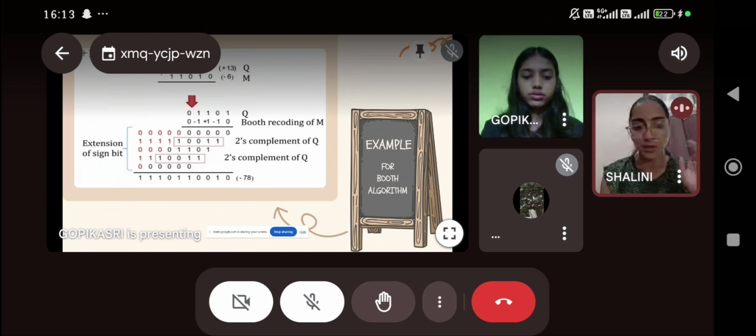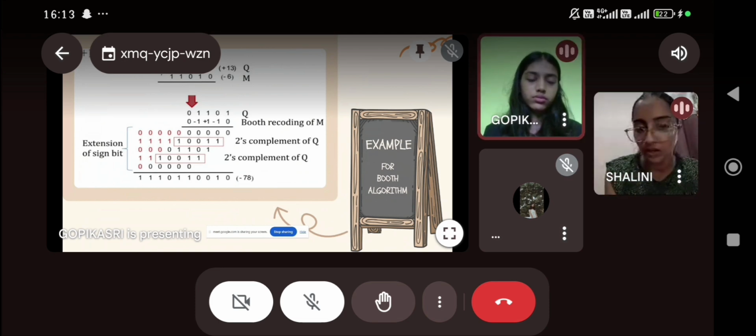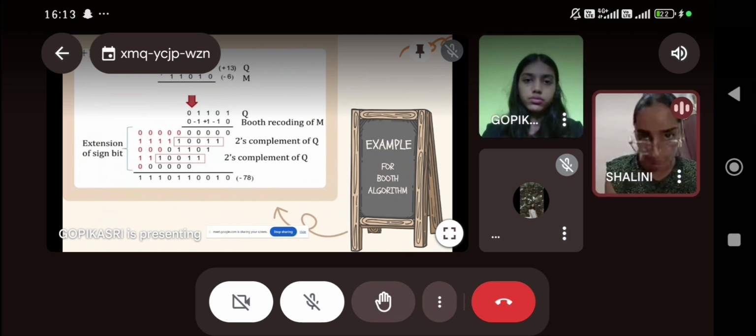And then at last we are again having 0 into q. So all the resultant values will be 0, and the extension bit will also be 0, as the most significant bit of that result is 0.